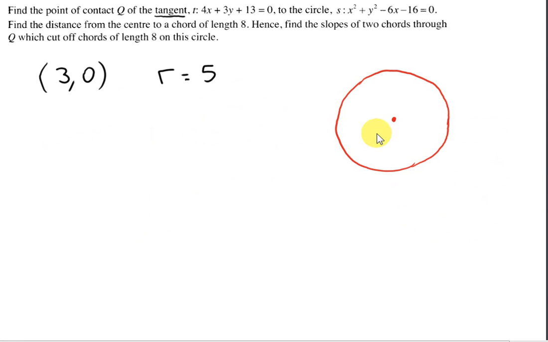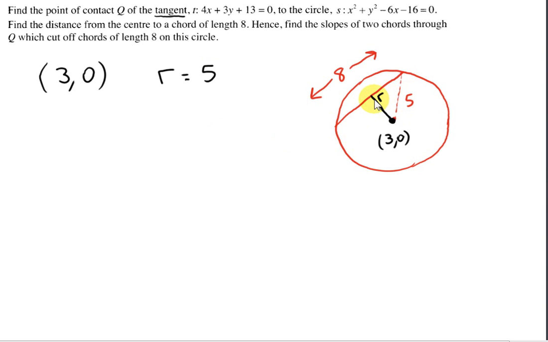So we're interested in chords of length 8. Let's suppose that that's one of the chords. We know now that the radius of the circle is 5, so the distance from the center of the circle to the endpoints of the chord is 5. Now we want the distance of the center of the circle to the chord, the perpendicular distance of the center to the chord.